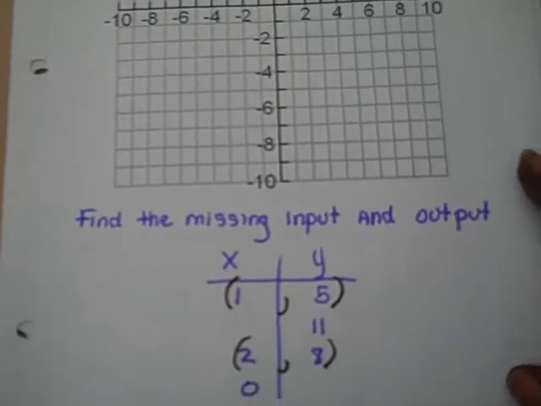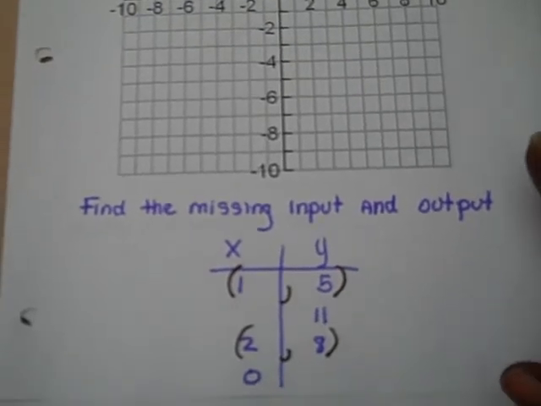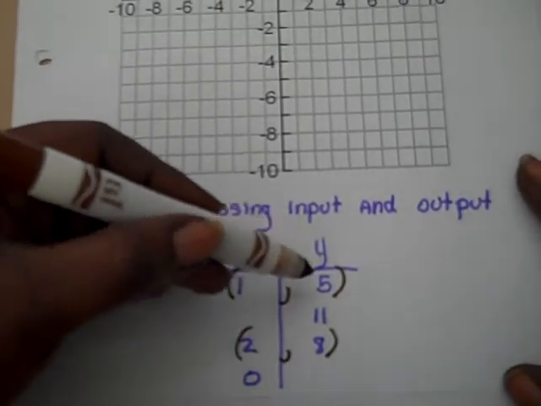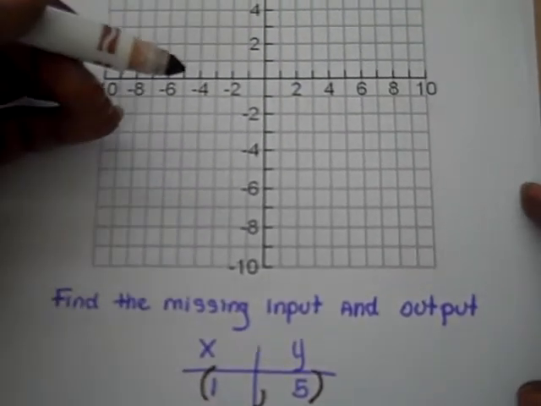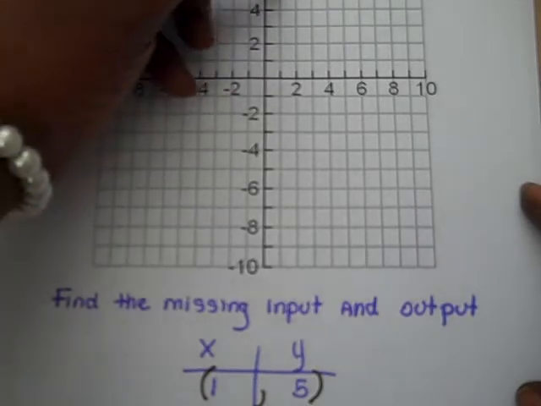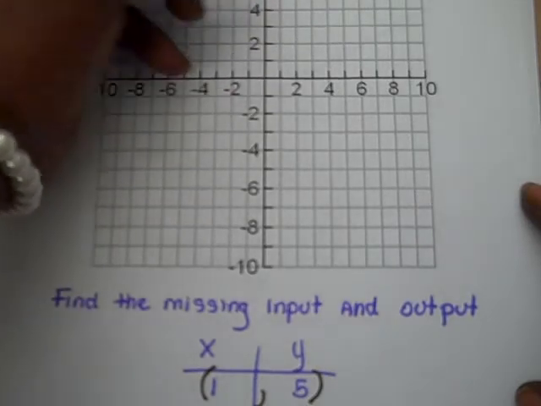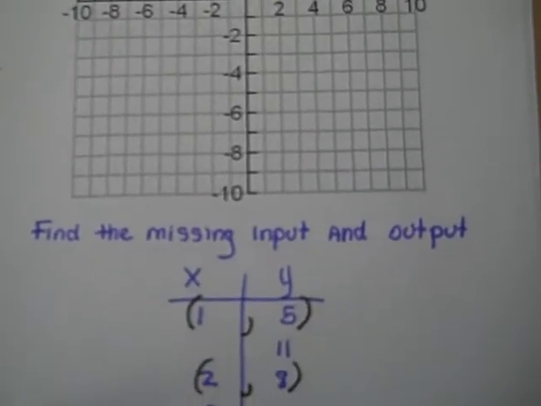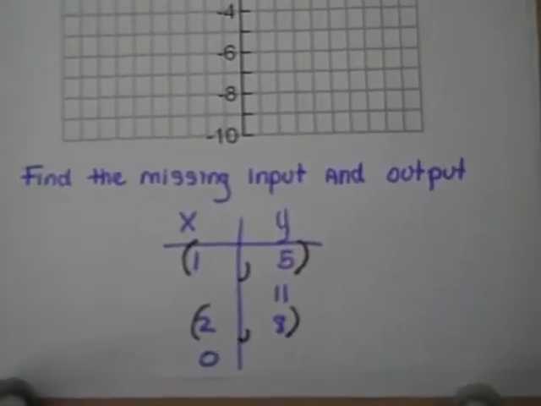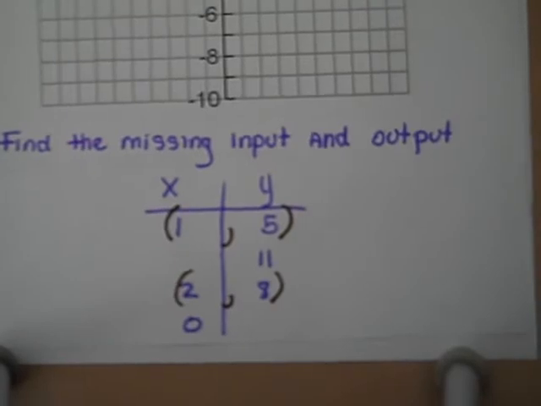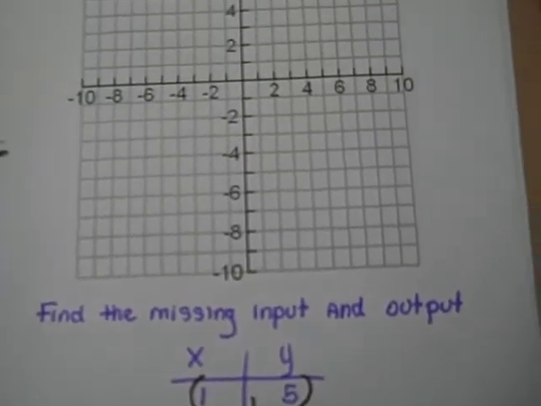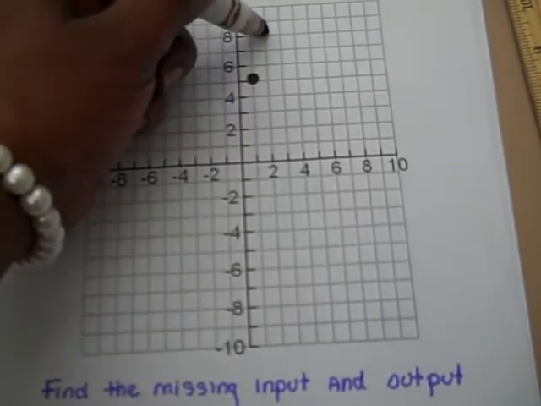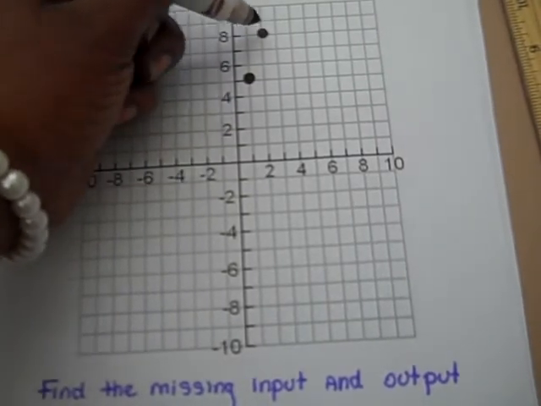So the first ordered pair that was provided to us in the first function table was 1, 5. So when the input is 1, the output was 5. So I'm going to come over here and graph 1, 5. The next ordered pair given to us appears to be 2, 8. So I'm going to graph that, come over 2, and up 8.